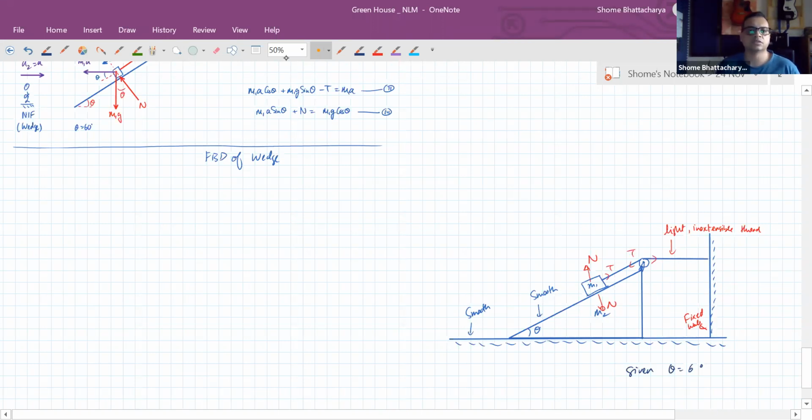Other than of course the weight of the wedge.